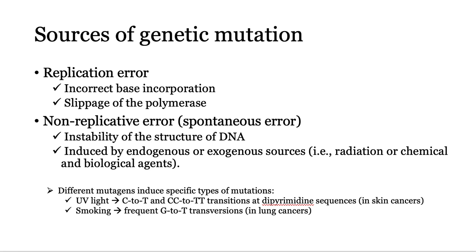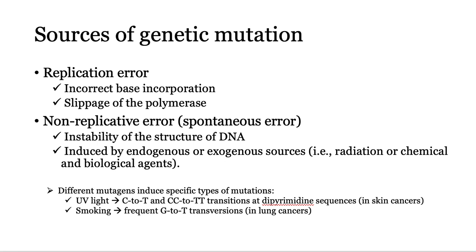Those are the external factors. There are also endogenous factors in our body that can induce mutation. For example, a large amount of oxidative stress in the body can also introduce mutation.